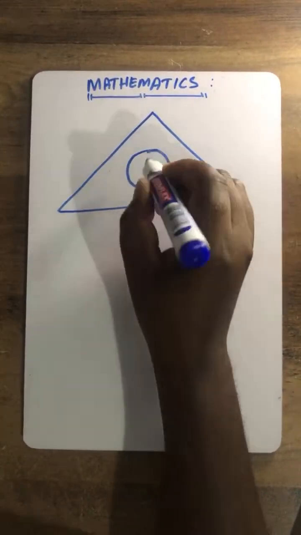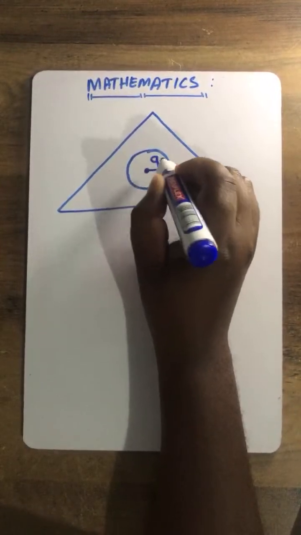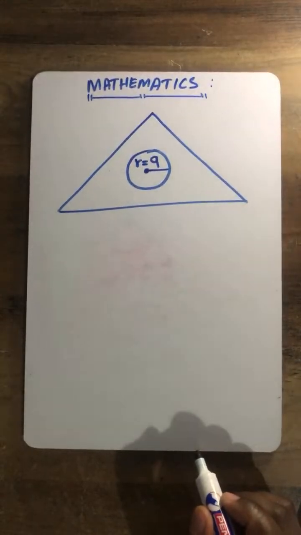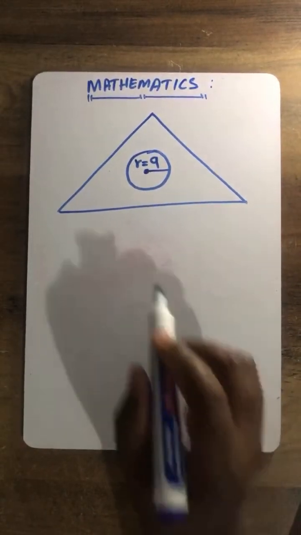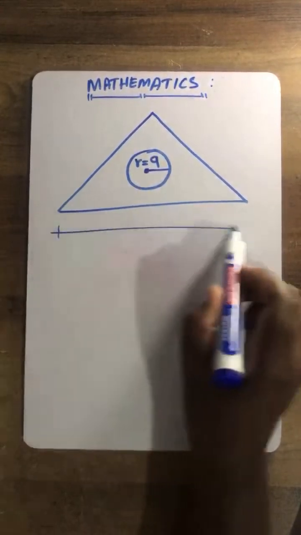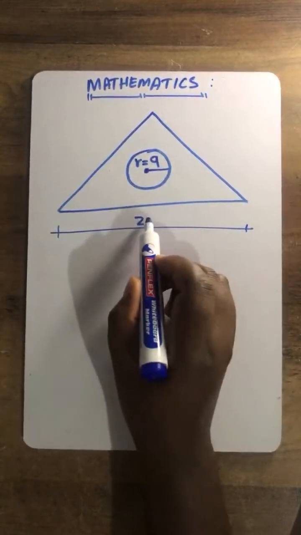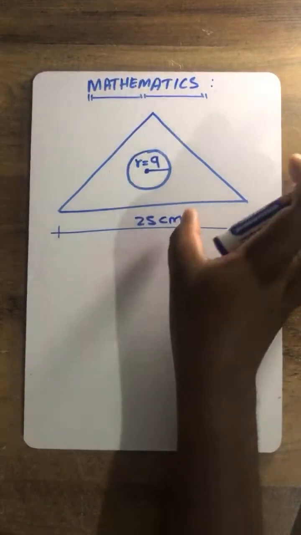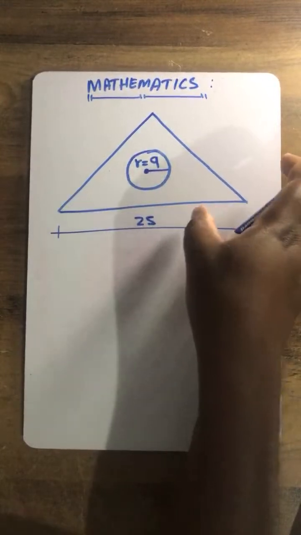Let me say R is equal to 9 there. And then from there to there, it is 25 centimeters, or let me just say 29.